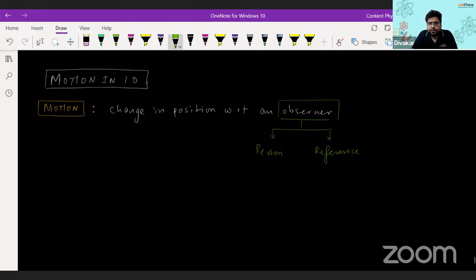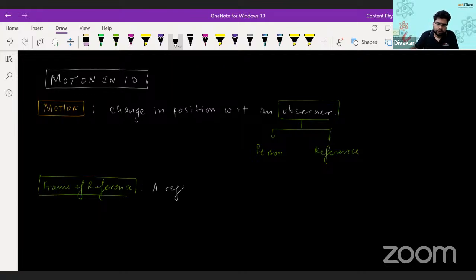And that leads us to the second definition, which is called frame of reference. So what is frame of reference? A region or zone where your observer is.